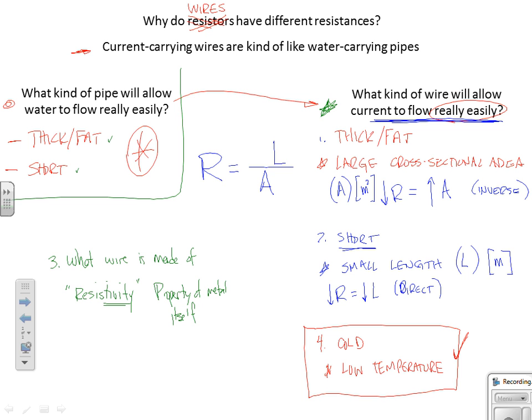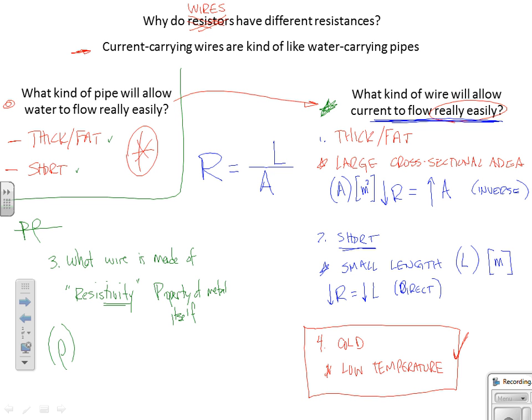And then there's this resistivity thing. This is tougher. All right, resistivity, we use rho. It's like a lowercase p, but in Greek, rho. So rho is the variable we use for resistivity.